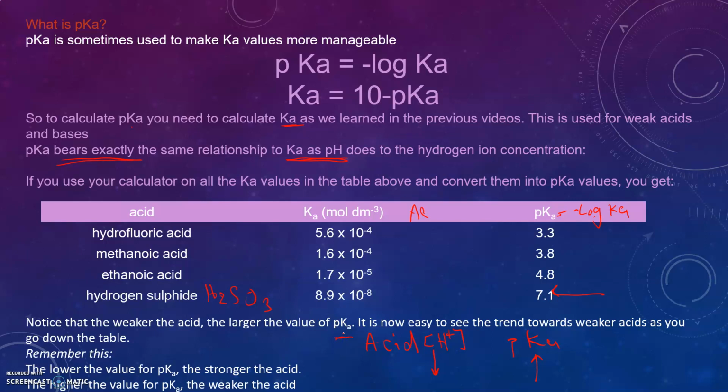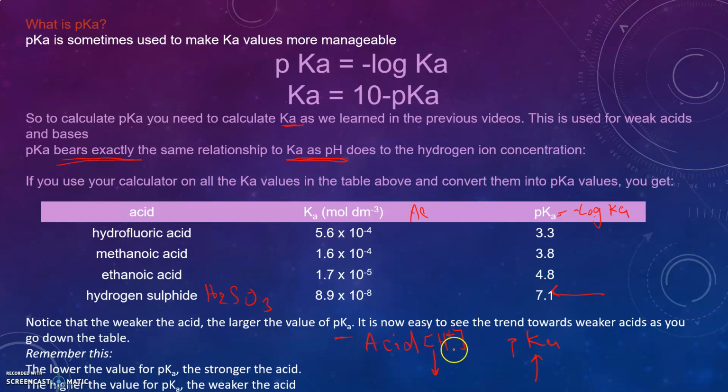Now it's easy to see the trend. Weaker acids as you go down the table. Try to remember that the lower the value of pKa, the stronger the acid. So if the pKa is small, this means that it's more acidic. See the relationship? It's inverse.